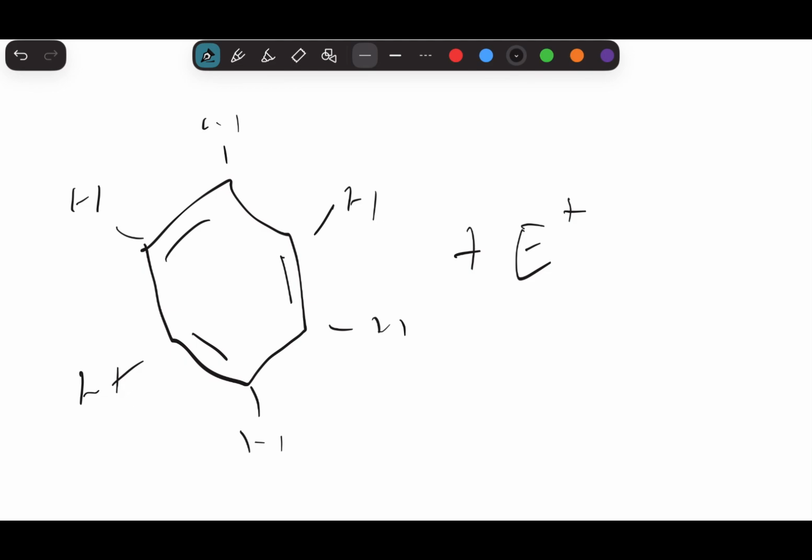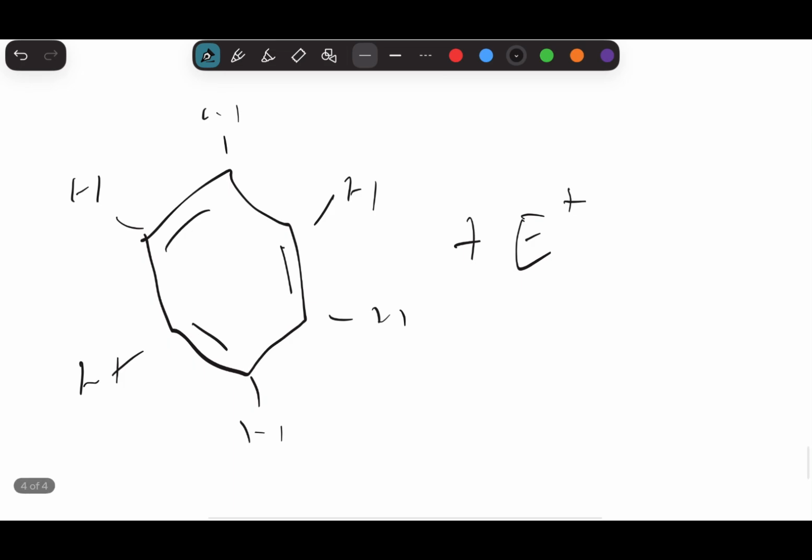Essentially, what happens is that they both want electrons, both the electrophile and the benzene, because there are 3 delocalized electrons going around, acting as a resonance, so it makes a resonance structure. But just know that they both want electrons. Okay?